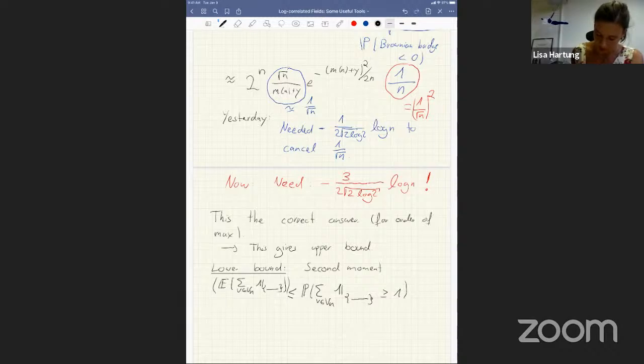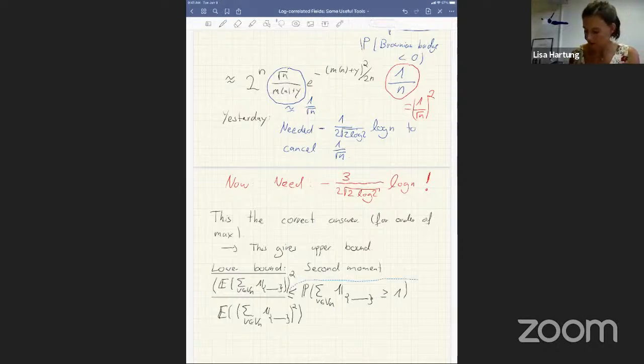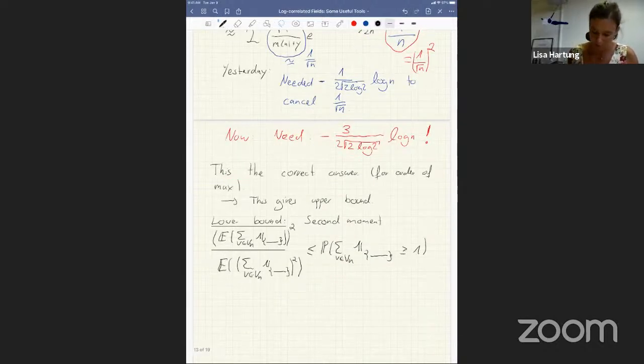And now you square it. And what you need to divide by is the expected value of the sum over v in V_n, squared. Now this would start to get ugly. And so this gives you something meaningful. So this is useful.